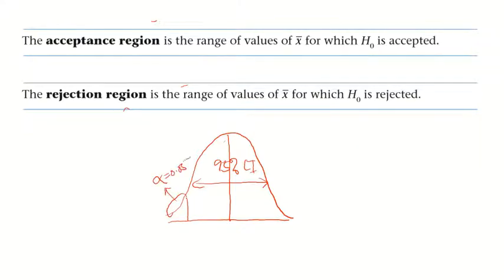The acceptance region is the range of values for our sample mean for which our null hypothesis is accepted. Meaning to say, if our sample mean, or our x bar, because this is mu sub 0, is within this 95% confidence interval, then we accept H0. So therefore, this portion here is also our acceptance region.